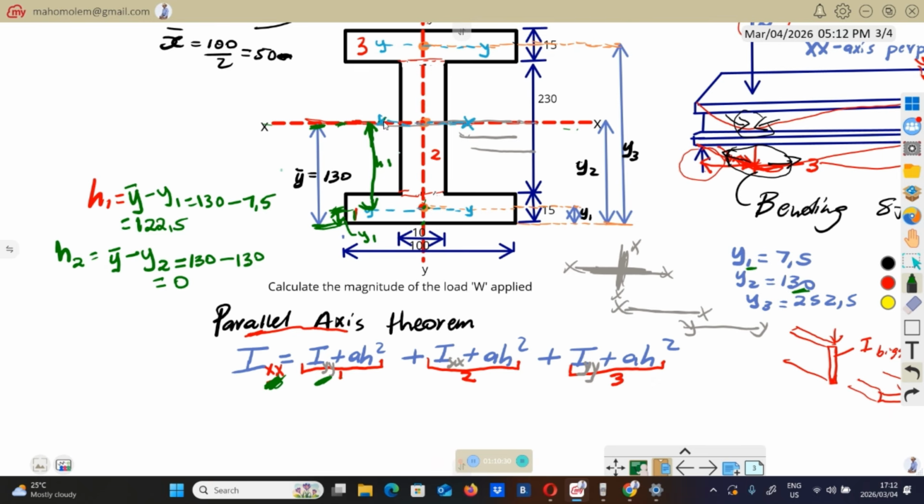There is no y. They are on the same level. So that's why h will be 0. There is no height difference between those x's.